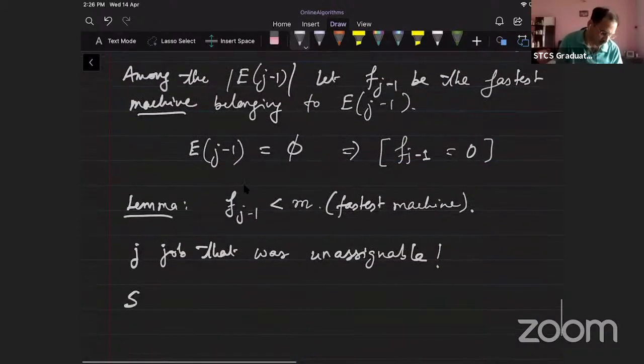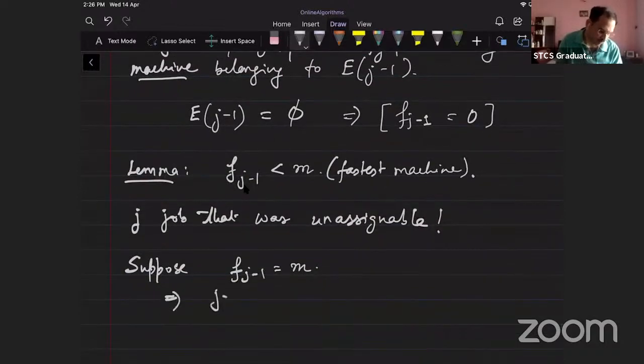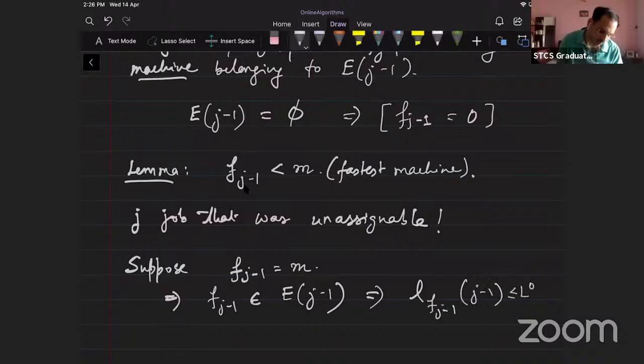So if F_{J-1} is equal to M, you should be able to get something wrong. So suppose F_{J-1} is in fact equal to M. So what does it mean? That machine M belongs to set E_{J-1}, which means that L_M(J-1) is at most LOPT by the definition of set E_{J-1}.